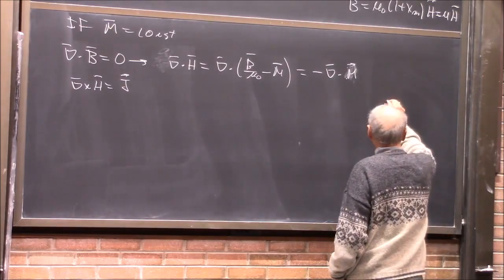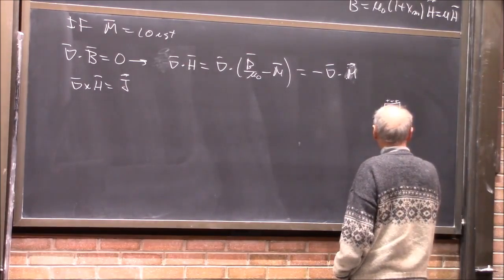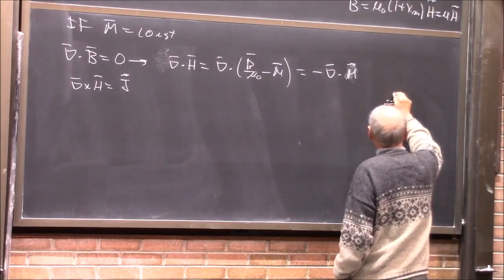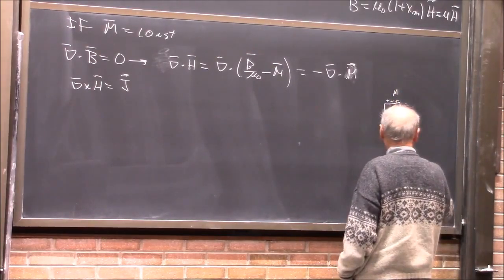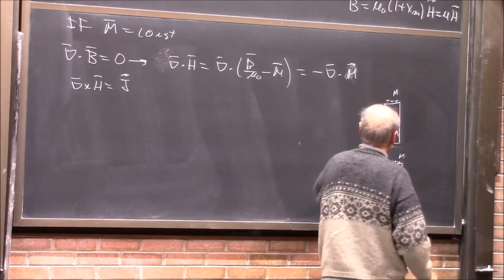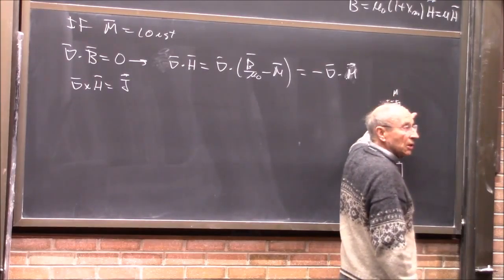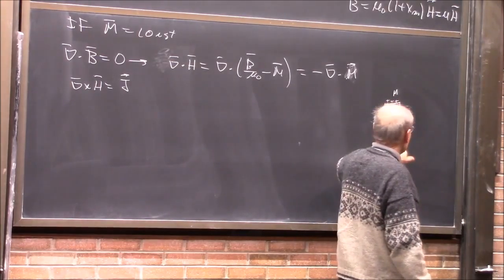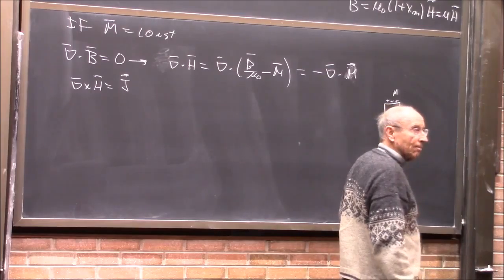At which point, it will simply be M at the top and the bottom, where this is M, this is M. This is the charge per area at the top, charge per area at the bottom.